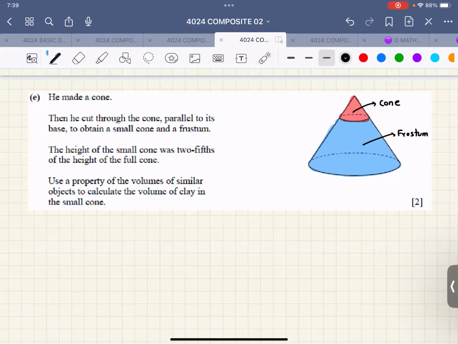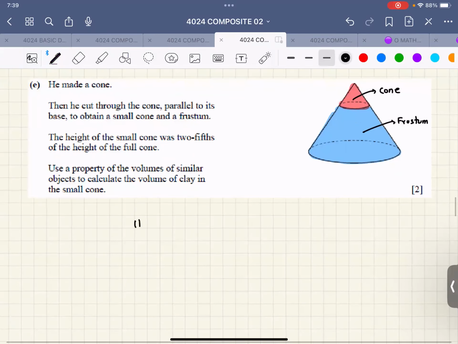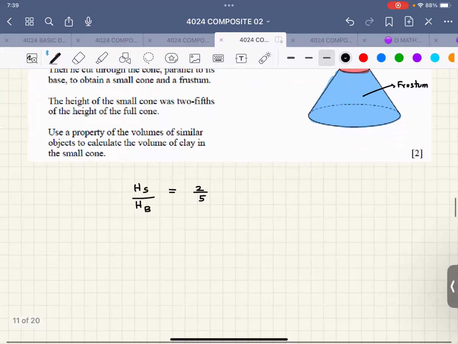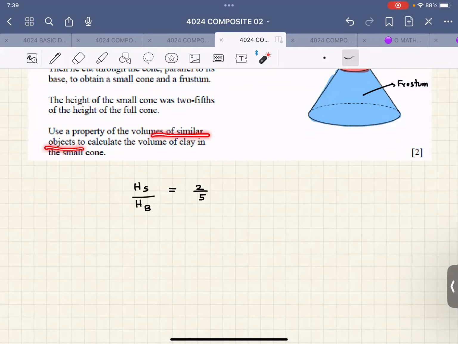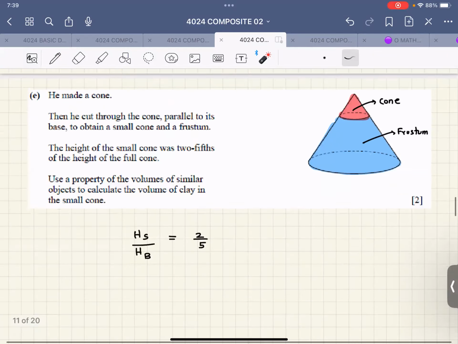The height of the small cone was 2/5 of the height of the full cone. Height of small to height of big cone, where the big cone is blue plus red, equals 2/5. Use the property of the volume of similar objects to calculate the volume of clay in the small cone.